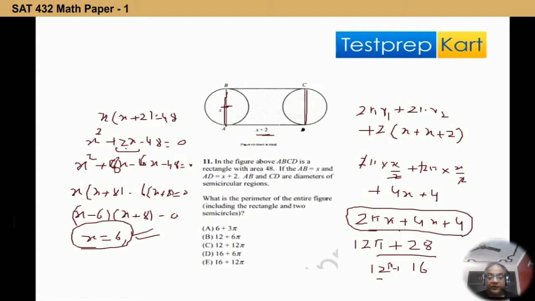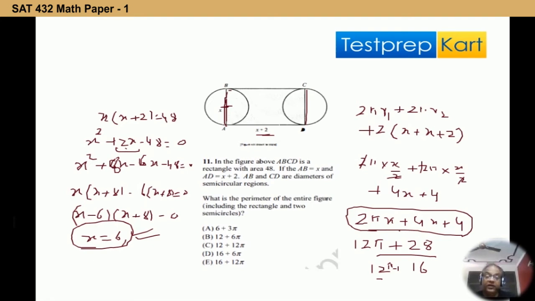What is the perimeter of the entire figure including the rectangle and two semicircles? So two semicircles means basically is asking this plus this. Oh, no, this is wrong. In the figure ABCD is saying the area 48.